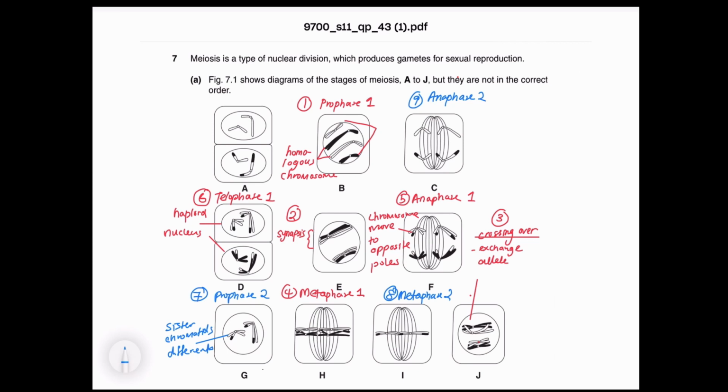And for telophase, you will see that you have another 2 nuclei formed, but now the nuclei are still haploid. So take note, they don't get reduced again, because if you look at the number of chromosomes, there are still 2 chromosomes in each cell.